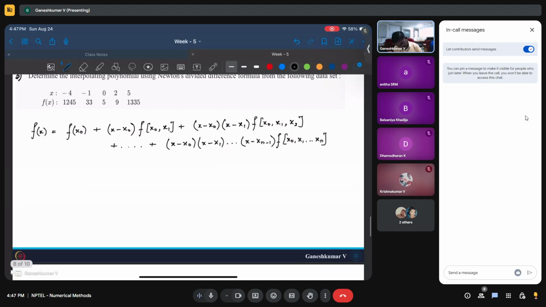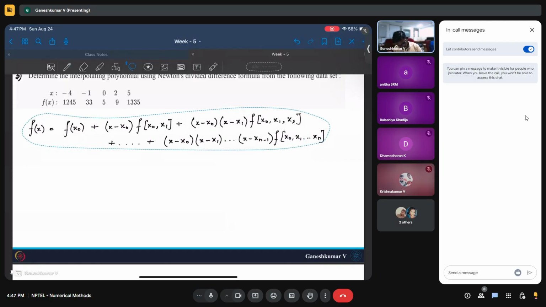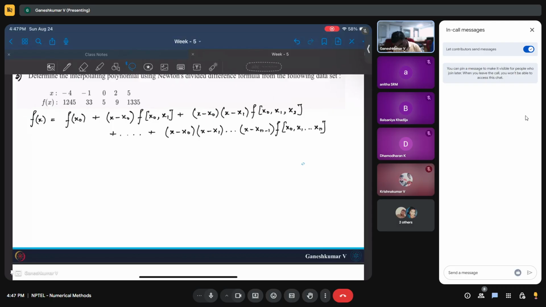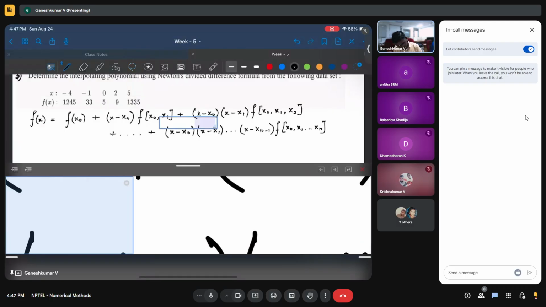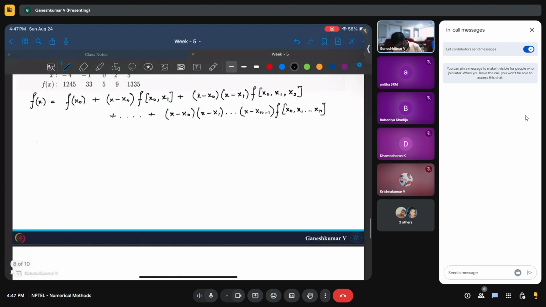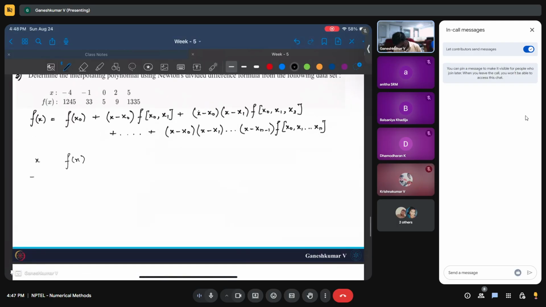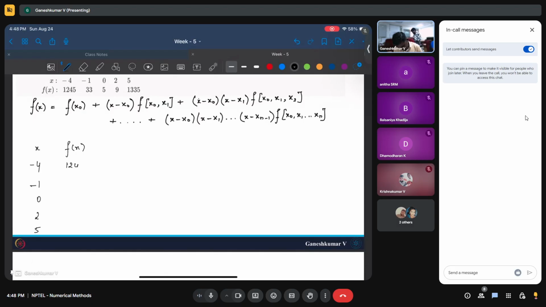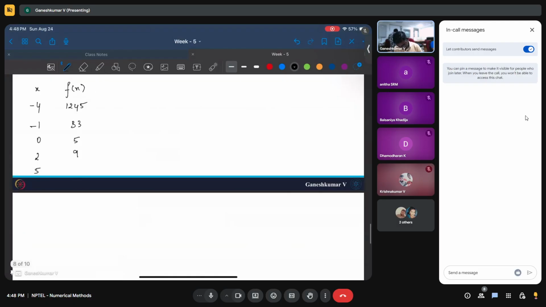So first thing we need to do is construct a table. Let me move this up a little bit. So we have x, we have f of x, and x varies as -4, -1, 0, 2 and 5. And f of x varies as 1245, 33, 5, 9, 1335.